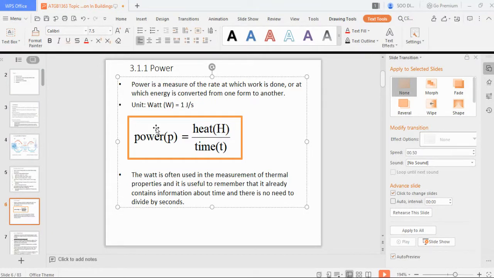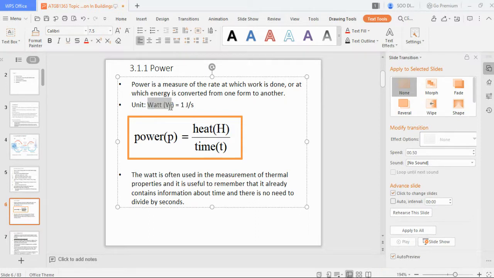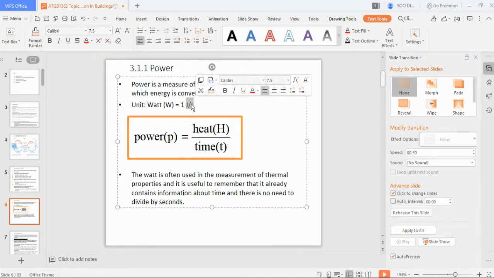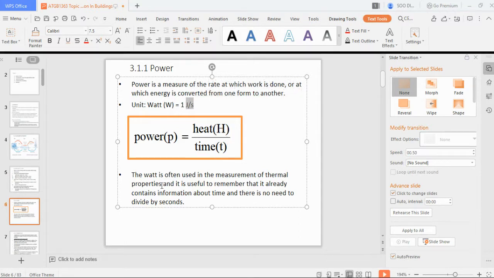It's represented by this formula, which is heat over time. It's represented by the unit watt, which is 1 joule per second. So J over S, heat divided by time.